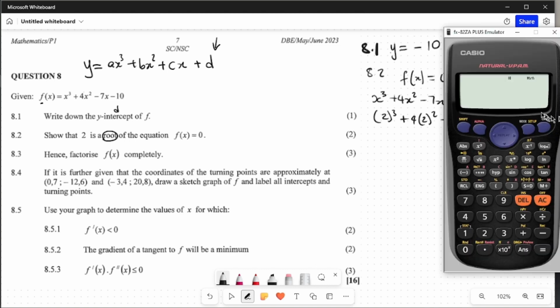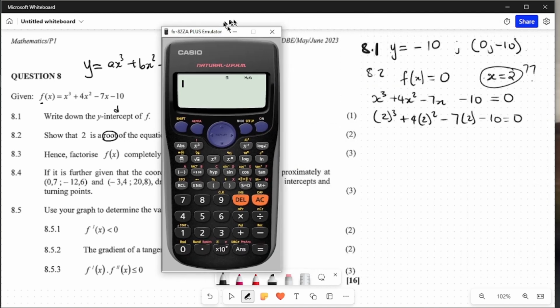If I bring the calculator over there, so we've got 2 to the power of 3 plus 4 times 2 to the power of 2 minus 7 times 2 minus 10.